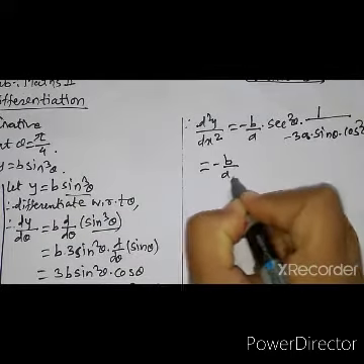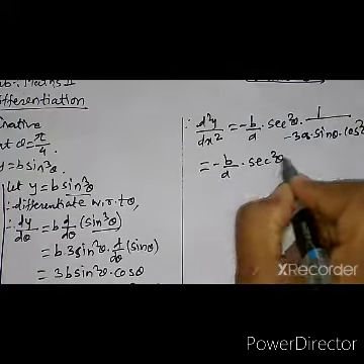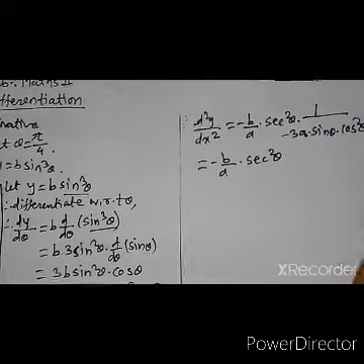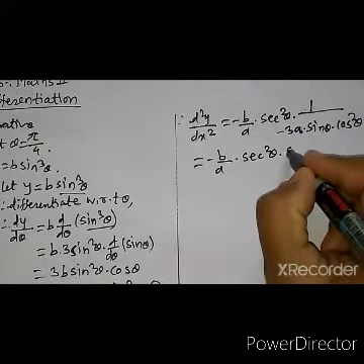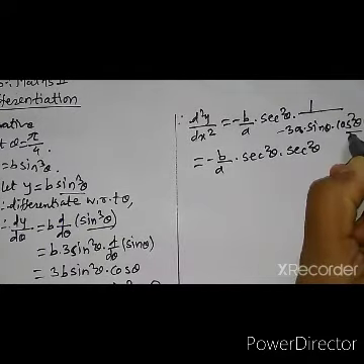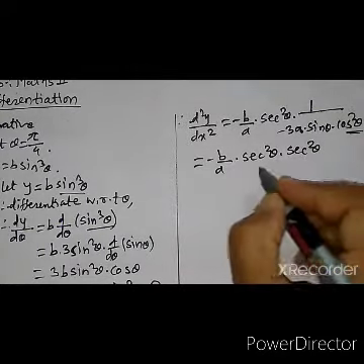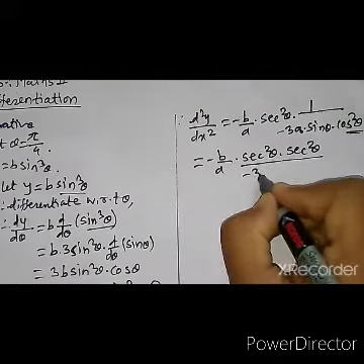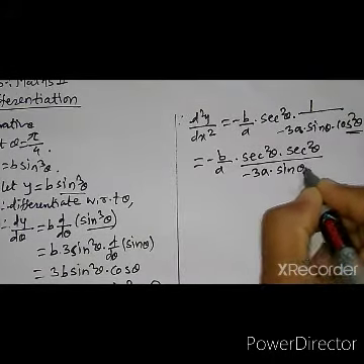So minus b upon a into sec square theta. Now 1 upon cos square theta is sec square theta. So this value, 1 upon cos square is sec square theta, upon minus 3a into sin theta.